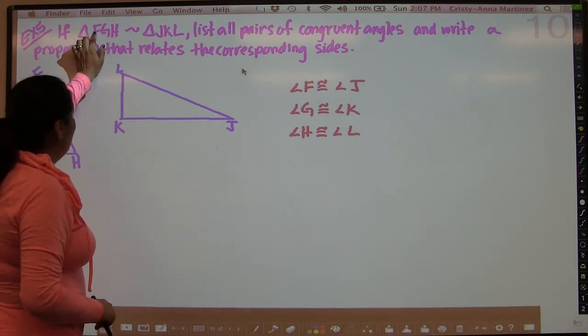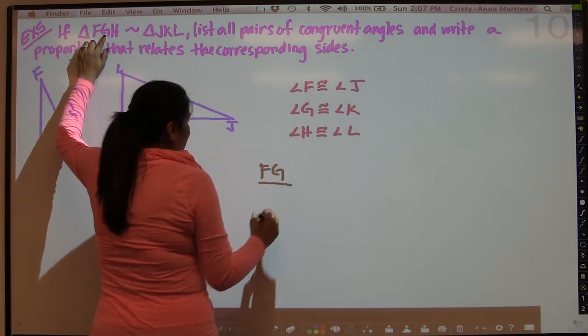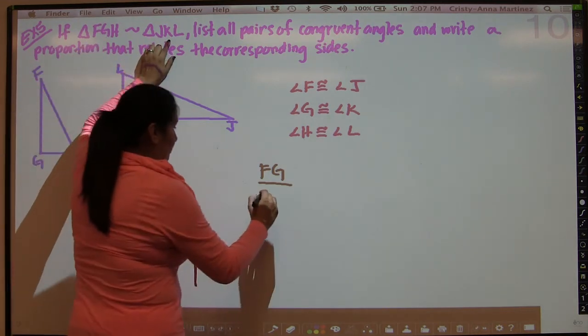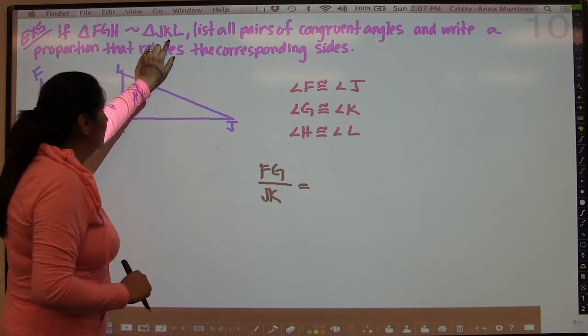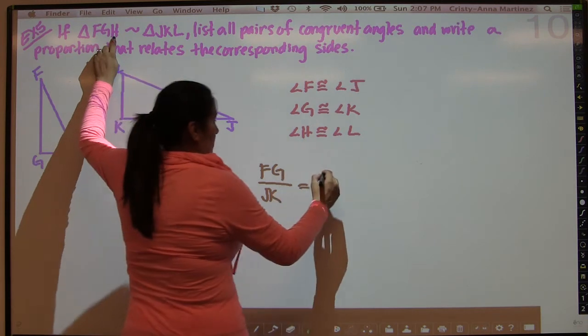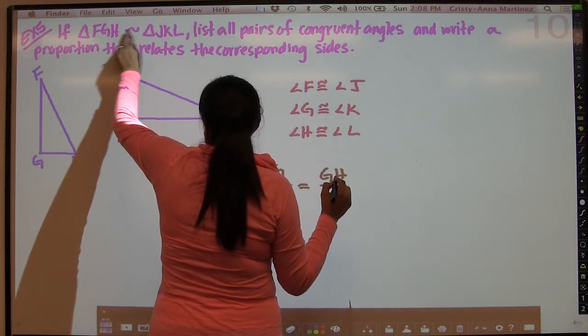So I'm going to say FG, that's one side length. FG is going to correspond to JK. And the ratio of those two sides should compare to, for example, GH. And GH is going to correspond with KL.